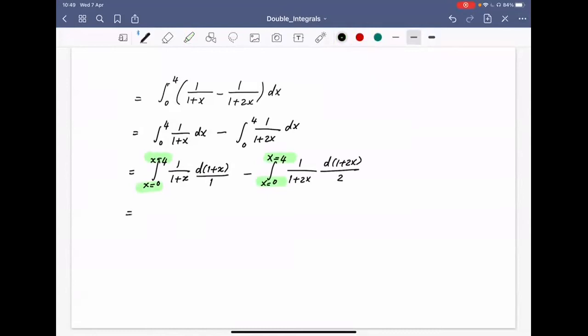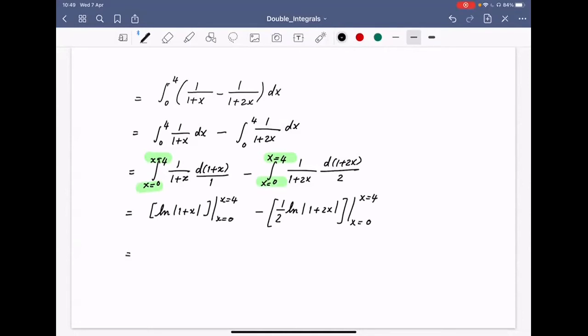At the end, you're going to get the integral of 1 over 1 plus x, d(1 plus x). This is log absolute value of 1 plus x, right? And you evaluate at x equal to 4, x equal to 0. On the second term, you have 1/2 there, 1/2 log absolute value of 1 plus 2x, and this is x from 0 to 4 as well.